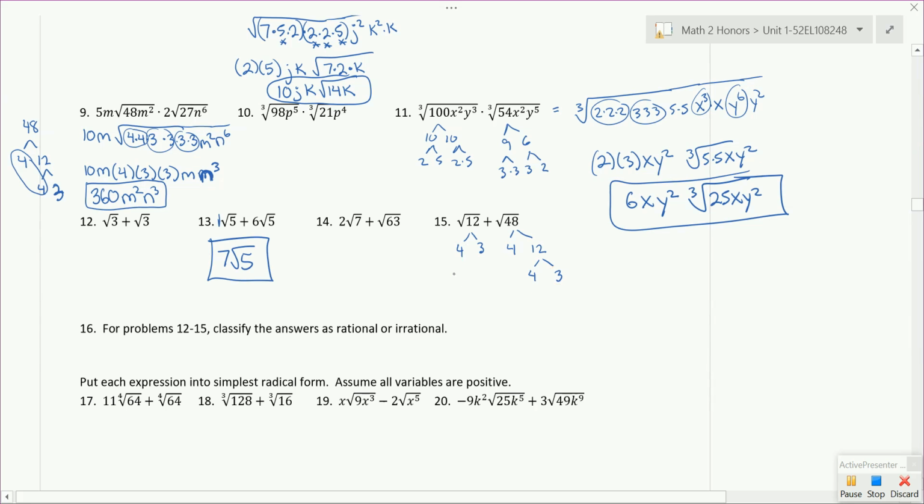So we end up with root 4 times root 3, that's my root 12, plus root 4 times 4 times root 3. So that's 2 root 3 plus 4 root 3, which is 6 root 3.